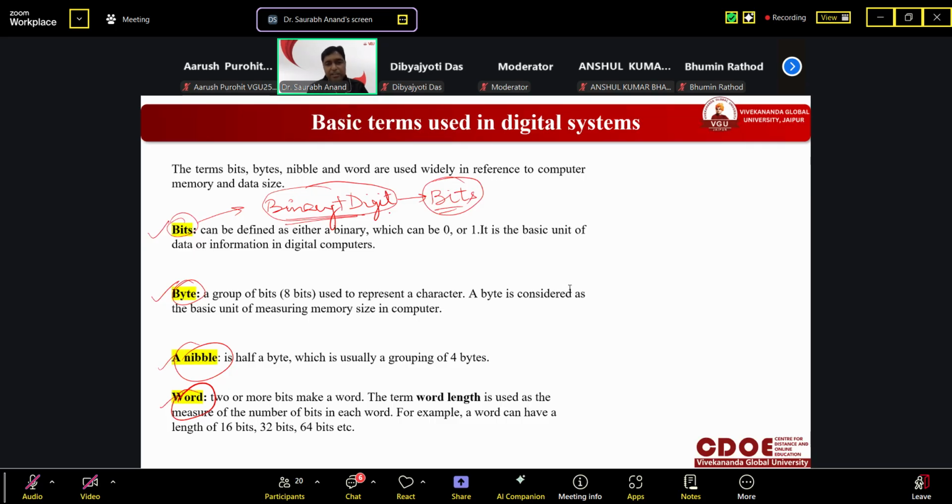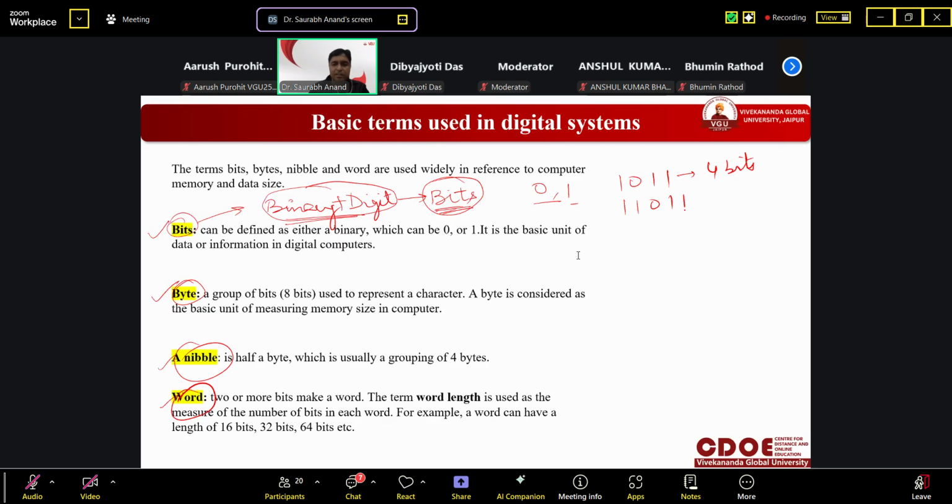So individual 0 and 1 are known as bit. If we are saying 8 bit, it means there may be 8 digits, either 0 or 1, or a combination of 1 and 0. If I am saying 4 bit, so 1 0 1 1, or 1 1 0 1, whatever you want to write, it is 4 bits.